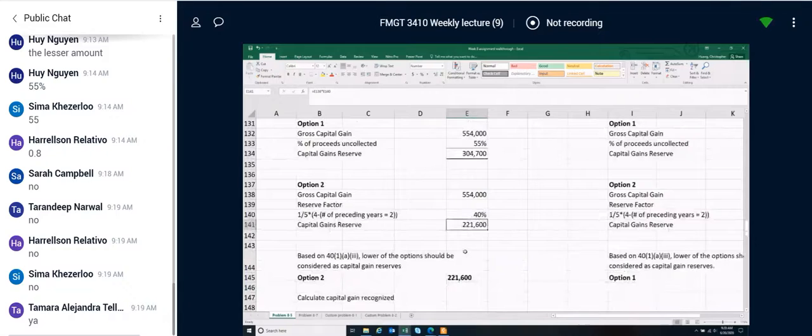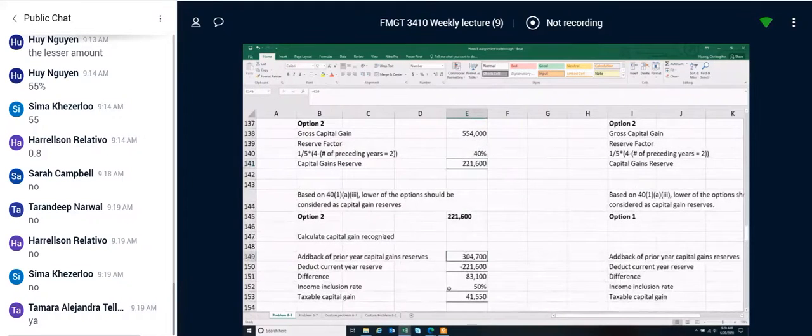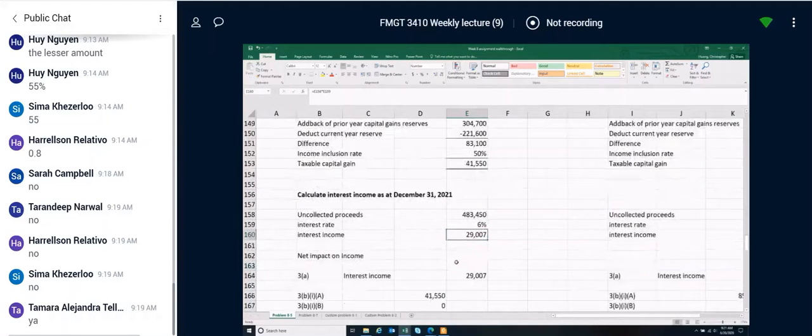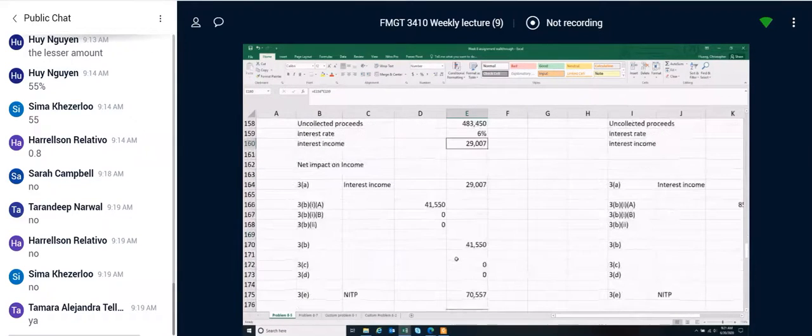So let's add back prior year reserve to income: we add back our 3047, we deduct 221.6. The difference is our capital gain for the year. Simple math. There's my taxable capital gain. The interest will stay the same because there's no change in opening balance. So you're just going to have the capital gain and the interest in your NITP.